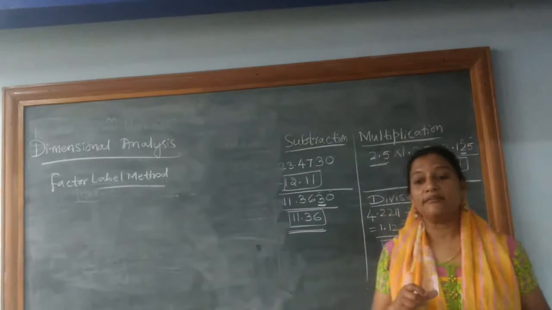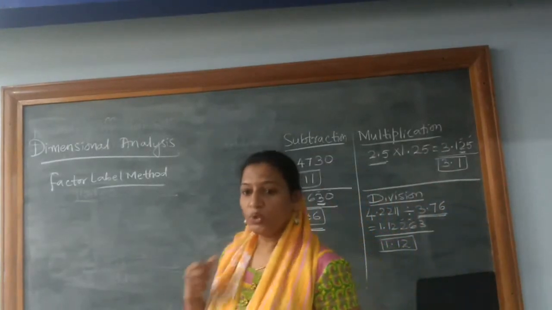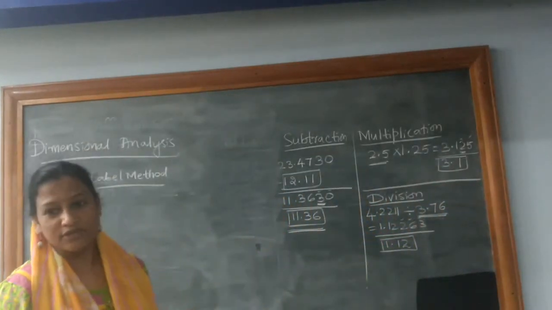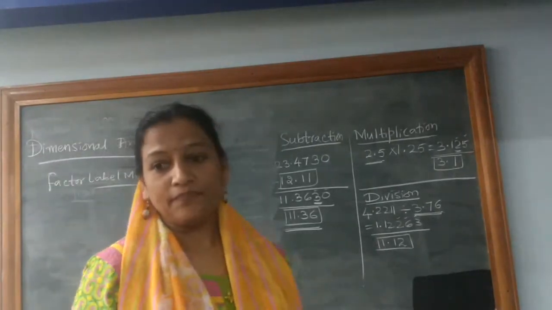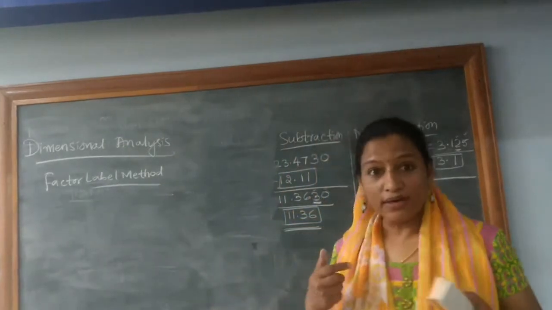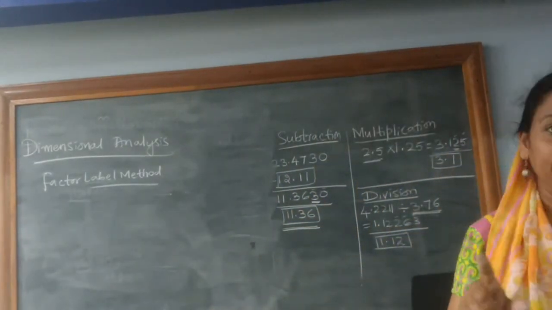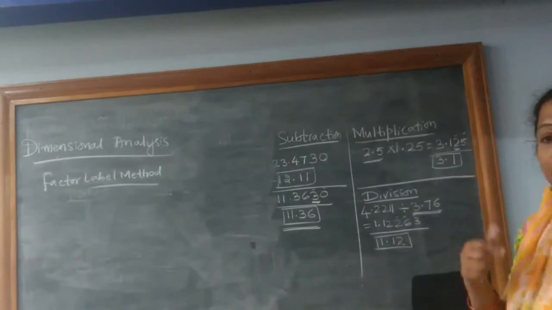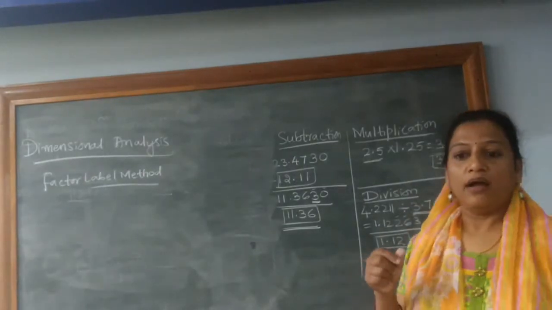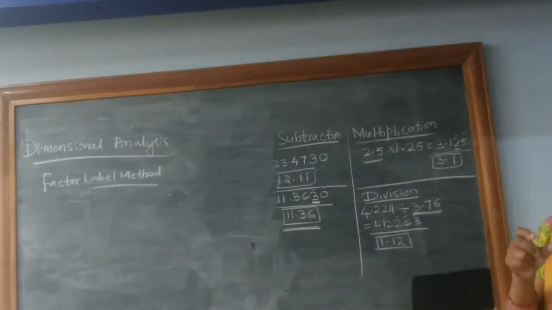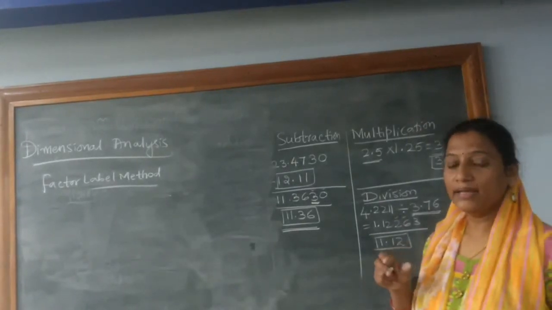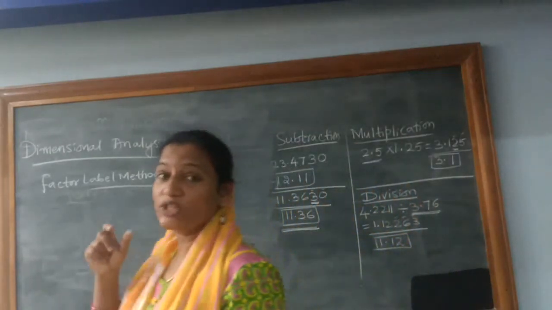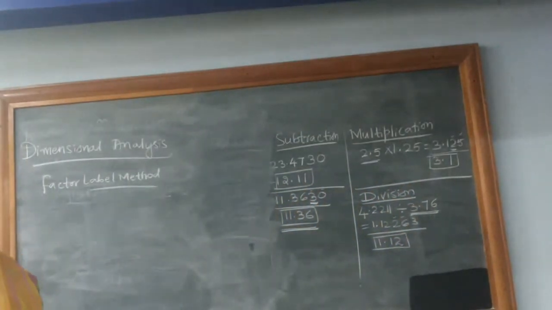In the conversion factor which is to be used, the magnitude of the physical quantity to be converted will be placed in the numerator, whereas in the denominator that will be the one which is already given. This is something regarding dimensional analysis or unit factor method or factor label method.